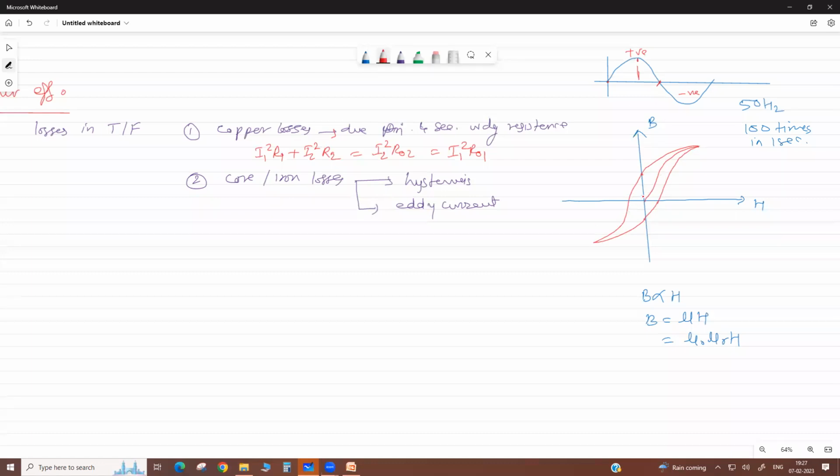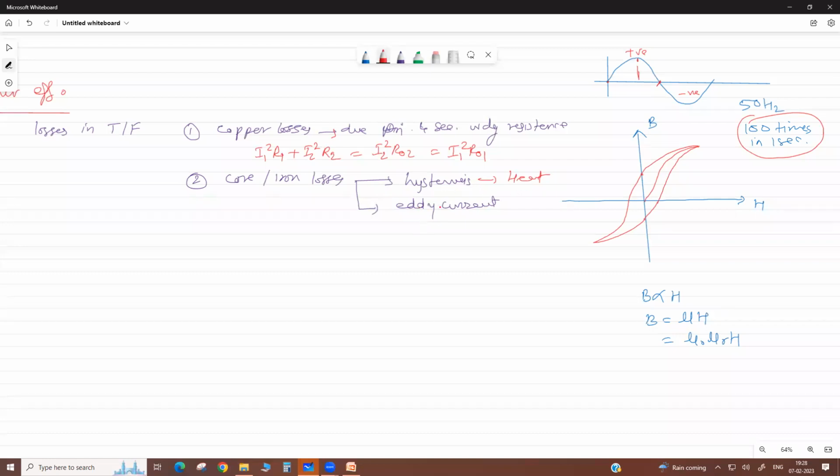This magnetization and demagnetization happens 100 times in 1 second. That appears as a loss, as heat. Heat loss means your core is heated due to this hysteresis loss.